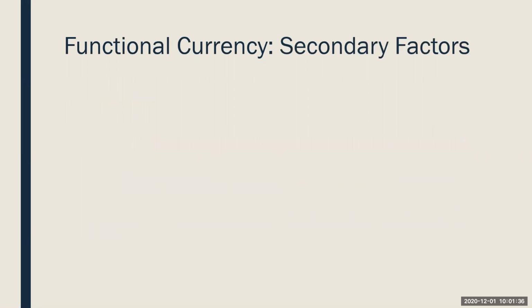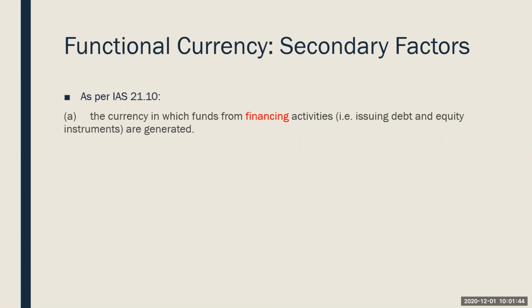at secondary factors. These are described in paragraph 10 of IAS 21, and these basically include the currency in which funds from financing activities are generated, so costs of sources of equity and debt financing, and the currency in which the receipts from operating activities are usually retained.